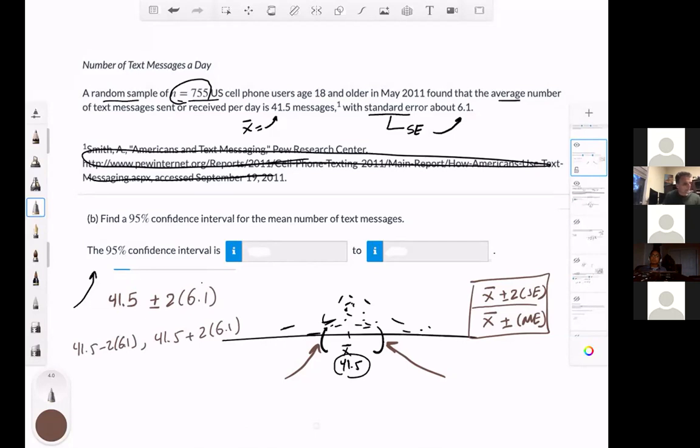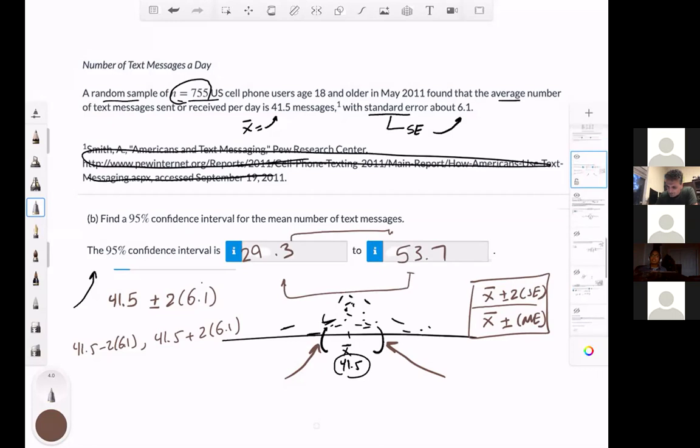I think we should get 29.3 to 53.7. If you entered 53.7 over here and 29.3 over there, the system gives you an error. So don't email me, text me, or call me to say I did it right but my program is broken. No. Any question here?